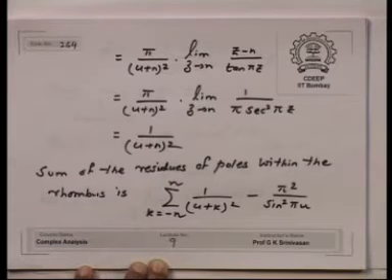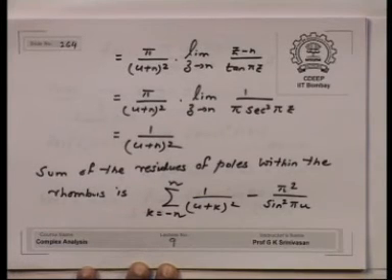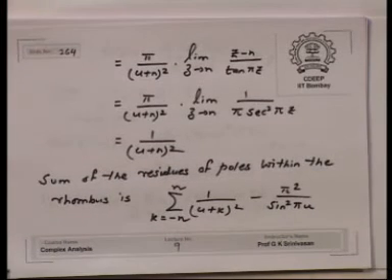This will be equal to 1 over 2 pi i times the integral along the rhombus.